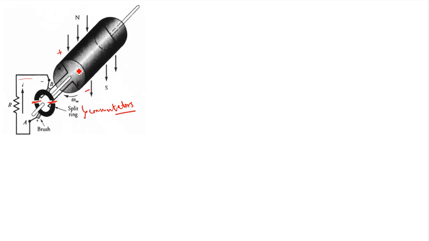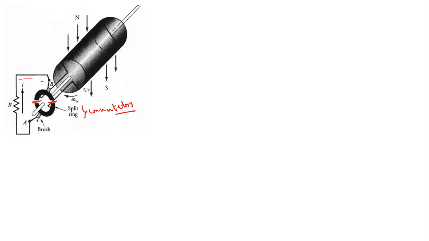Again when it rotates and conductor B goes to the north pole, it becomes positive again, and conductor A becomes negative again.